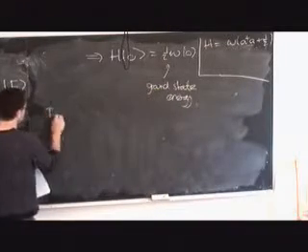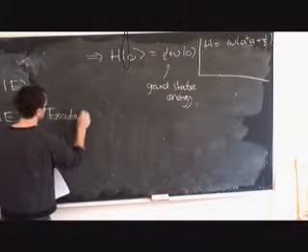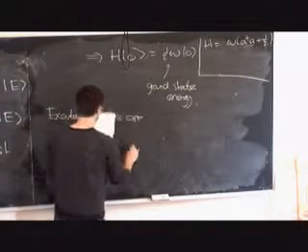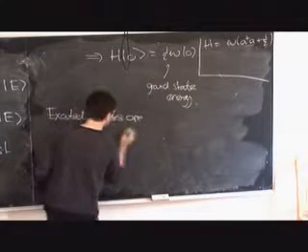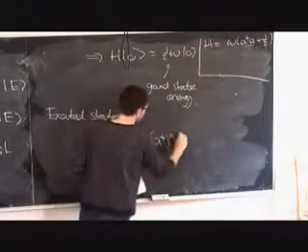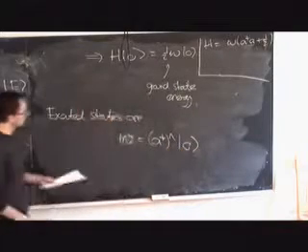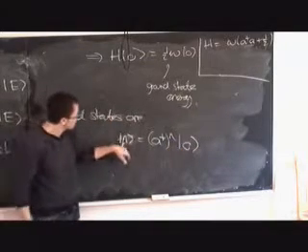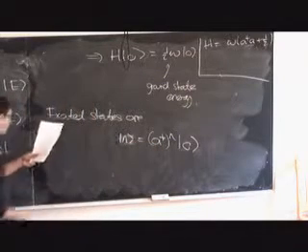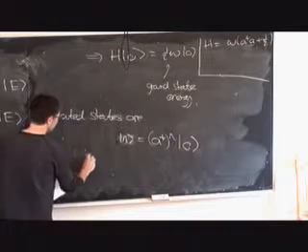Then excited states. There is an excited state for each integer n, where you hit the ground state with n creation operators. That's not normalized, by the way.